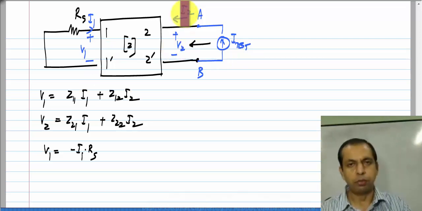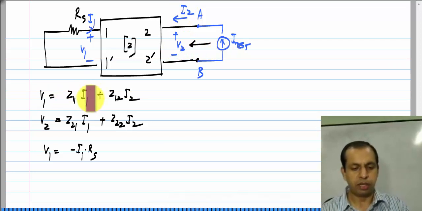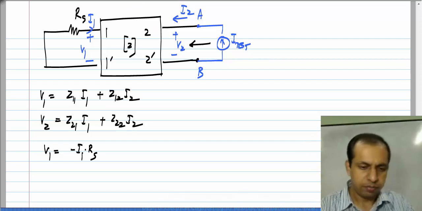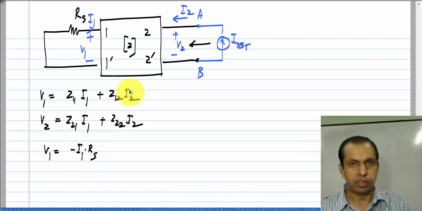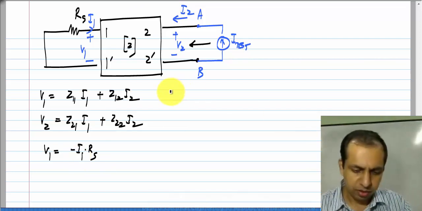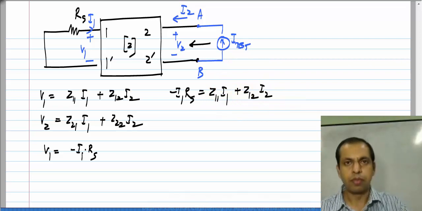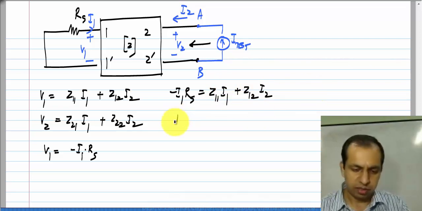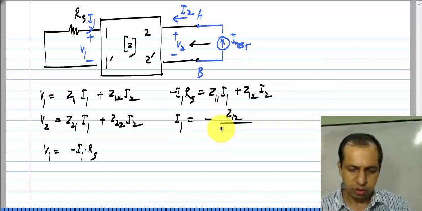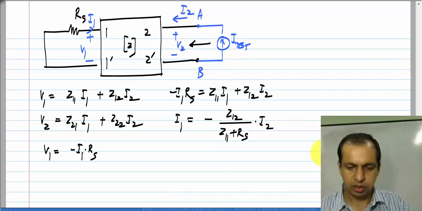Remember, we need to find V2 by I2, that means we have to eliminate V1 and I1 from these two equations. Okay. So, if I substitute this, I will get minus I1 Rs is Z11 I1 plus Z12 I2, and from this I get I1 to be minus Z12 divided by Z11 plus Rs times I2.